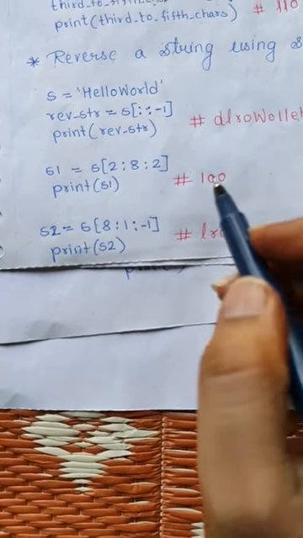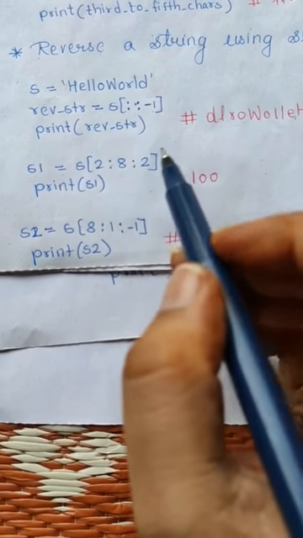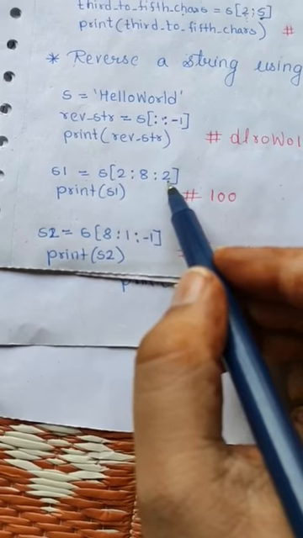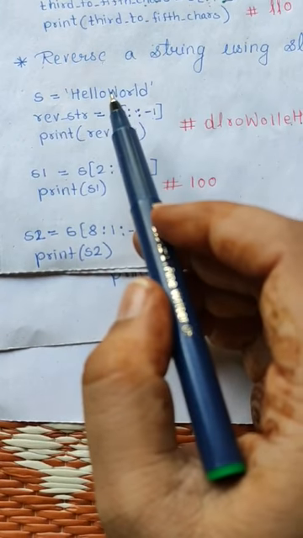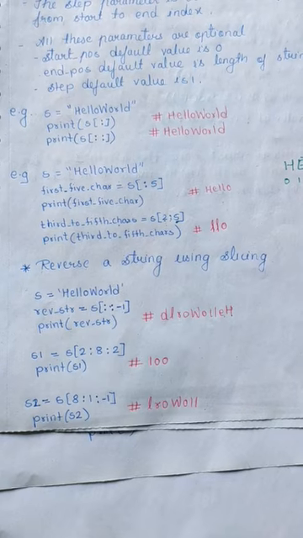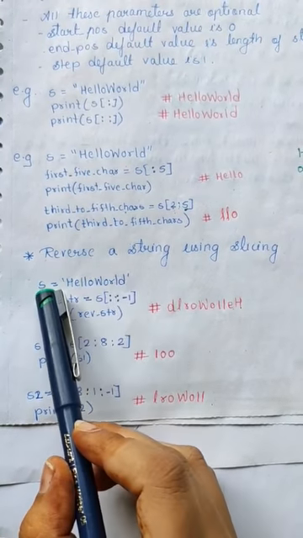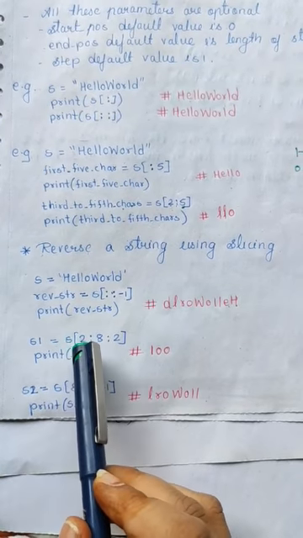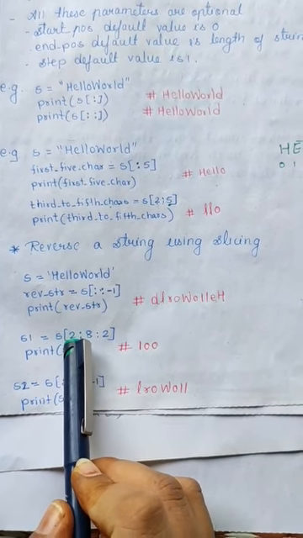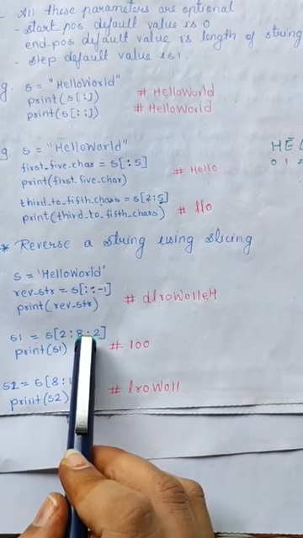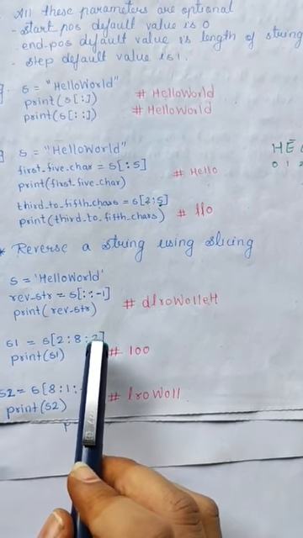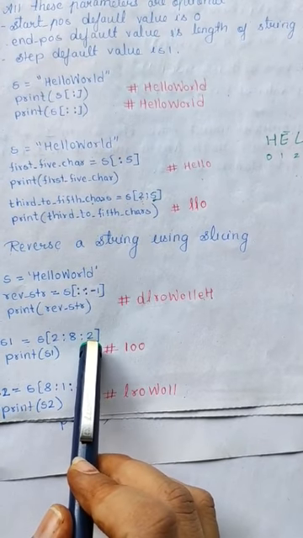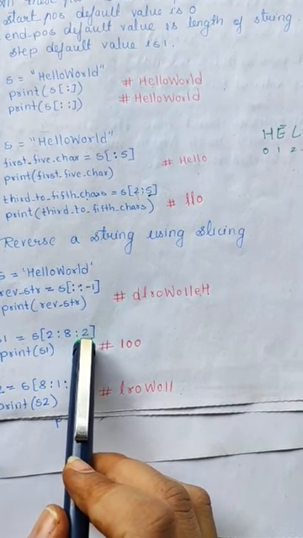Now see, next again what we can do. I already told that I will be explaining how this step is being used. So see, here I am having a string hello world. Now I want such a slice that will start with the second character, end with the 8th character, and have a gap, that is, it will jump from one character to another in the set of 2.